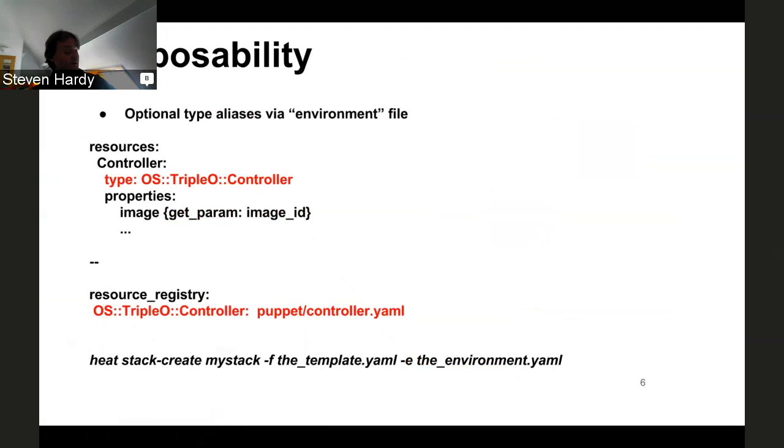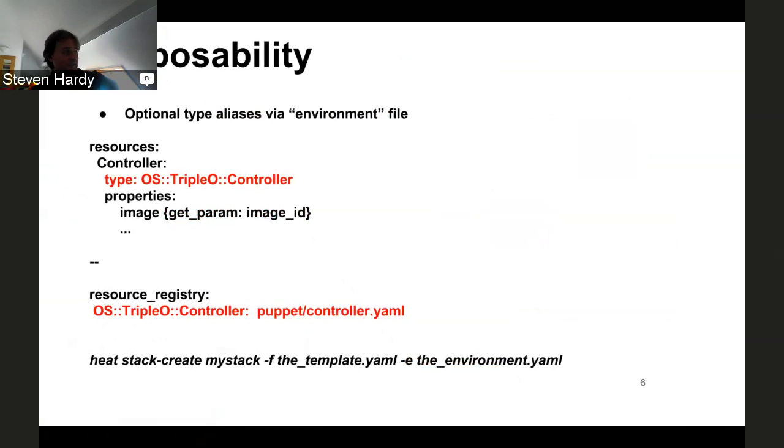But you can either override the Heat built-in resources or define your own arbitrary names by making use of the resource registry. If anyone's looked in the tripleo-heat-templates tree, you'll see there's overcloud-resource-registry-puppet, and that's got an absolute ton of these type aliases like OS::TripleO::Controller, which when you create a resource of type OS::TripleO::Controller actually creates a nested stack, which is puppet/controller.yaml.